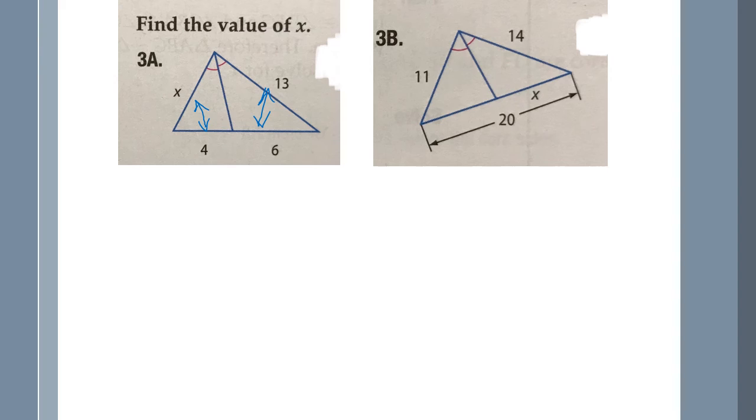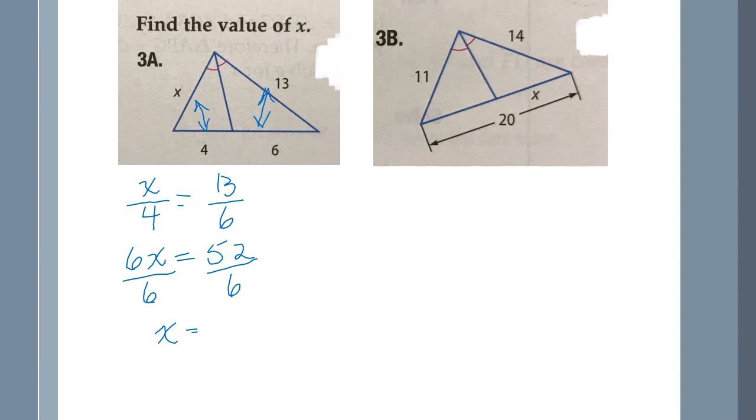So x over 4 equals 13 over 6. 6x equals 52. Divide each side by 6. And I end up with 26 thirds, so x would equal 26 thirds, which is also equal to 8 and 2/3.